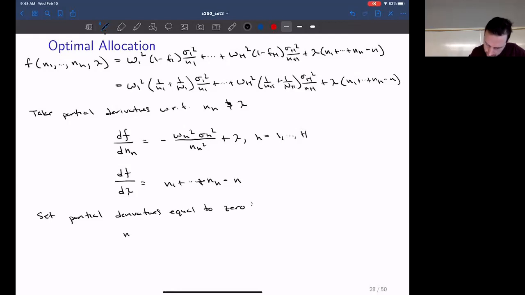So then we get little nh is equal to wh sigma h divided by the square root of lambda.